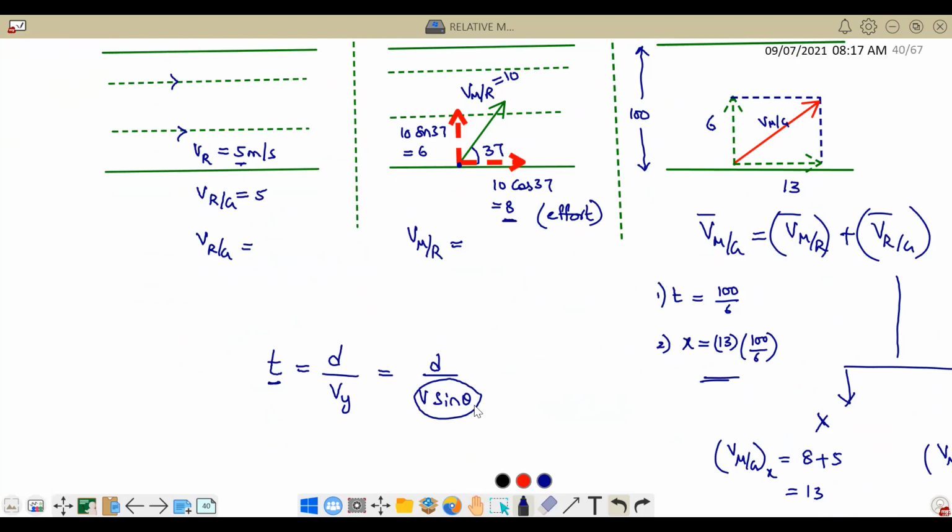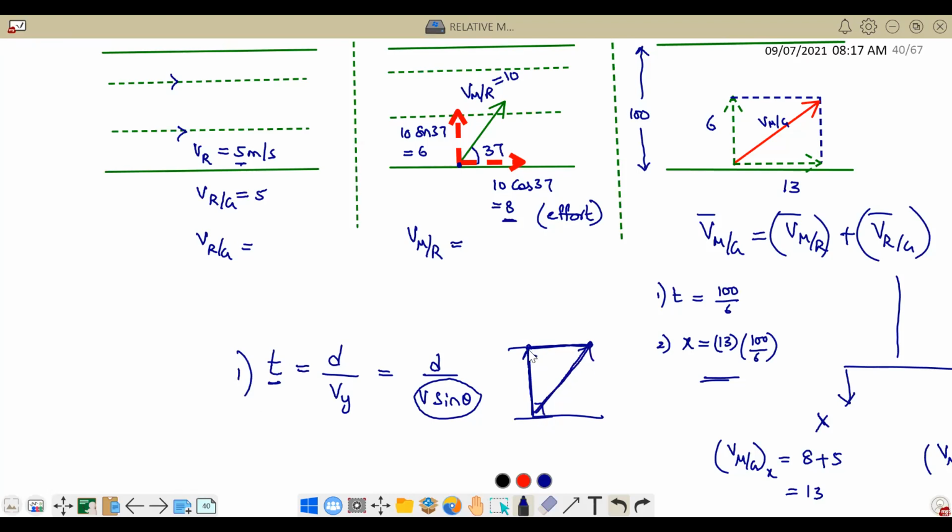Sine is maximum when theta is 90. So to cross the river in the shortest time, you have to put your effort in this direction. But this may not be the shortest path, because you will travel a long distance, no?